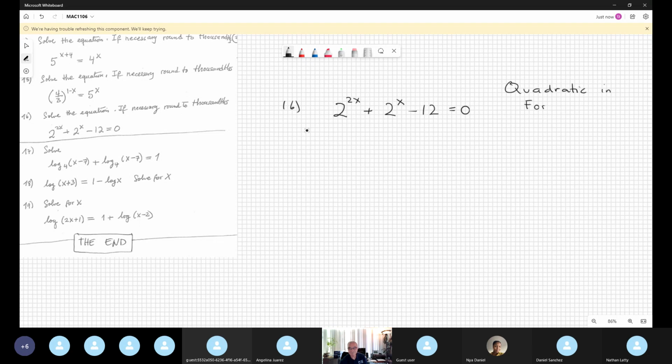What does that mean? It's an equation in which you use u substitution. And how do you know? Because this term has the exponent twice, like that.